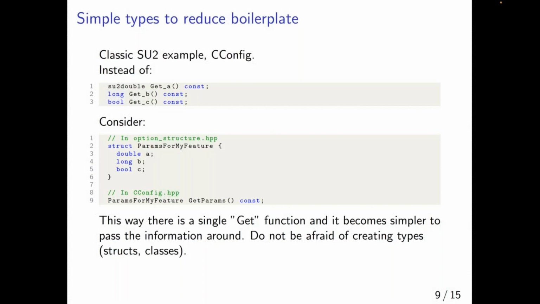You need the parameters for a boundary condition. You're going to use them all in your boundary condition, or you're going to use them all in your turbulence model. So what you can do to make things simpler is to package all those things in a little struct or whatever. It's just a dumb custom piece of data in some sense, and then you just get the parameters for each feature. And it's just one function instead of all this stuff that you have to document and so on.